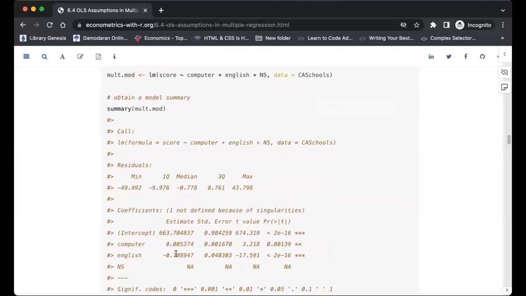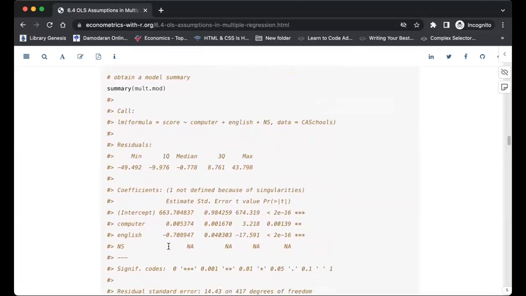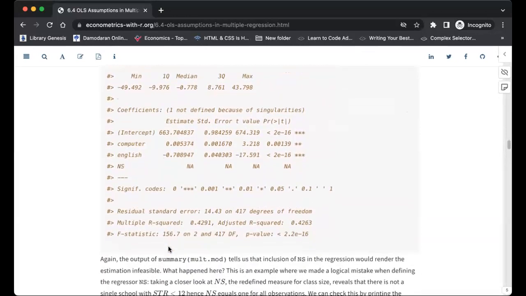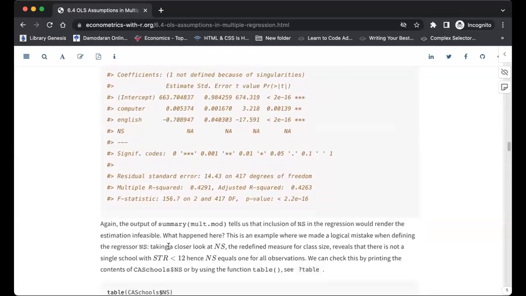When we estimate, the model will show something like this, and it will automatically drop the NS. This error is mainly due to how we structured the NS variable. The way we constructed the variable is not correct, and because of that we have this multicollinearity problem.